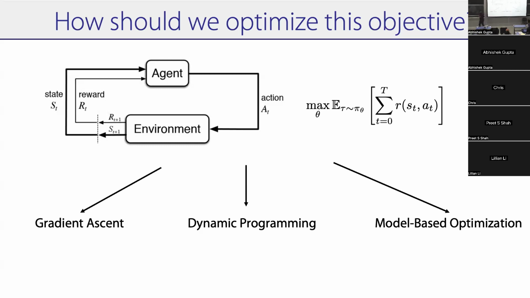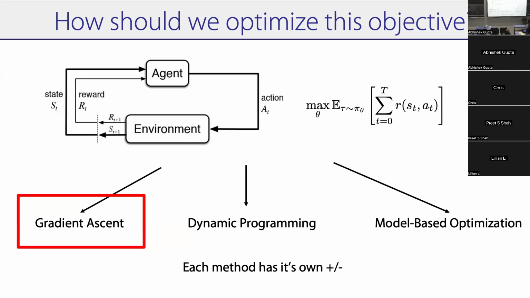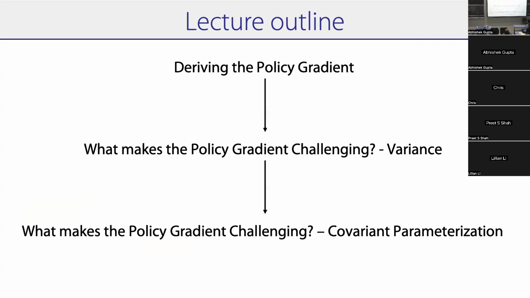But this covers a large spectrum of RL methods that are used in practice. Let's lay out our outline for today. We're going to start by deriving the policy gradient. Not very complicated, but it's just to get the details right.